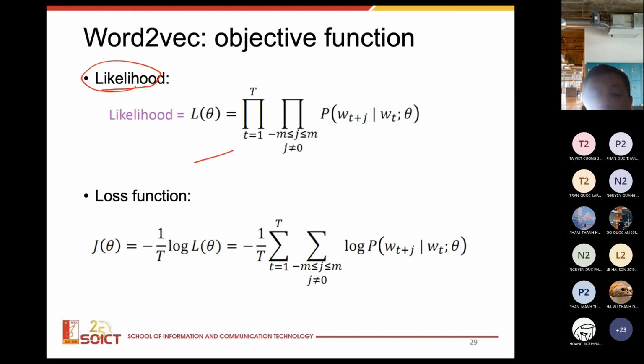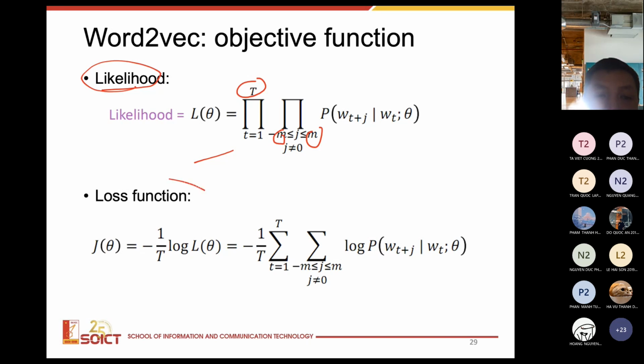We take the joint probability of having every word in the context of w_t, with t equal 1 to T, where T is the number of words in the text, and m is the window size. We want to see the words in the context window of size m.